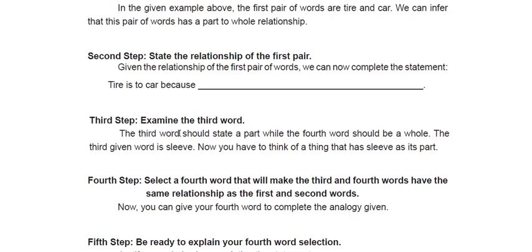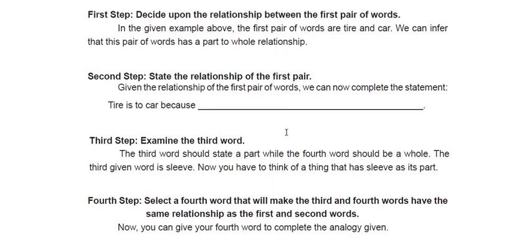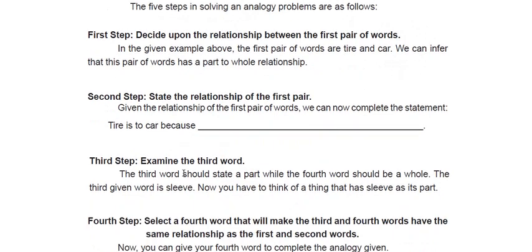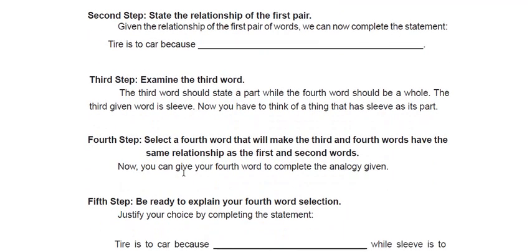Third step, examine the third word. So the third word should state a part, while the fourth word should be a whole. And the third given word is sleeve. So this will be your basis. Study the third word or examine the third word. And the fourth step, select a fourth word that will make the third and fourth words have the same relationship with the first and the second words.